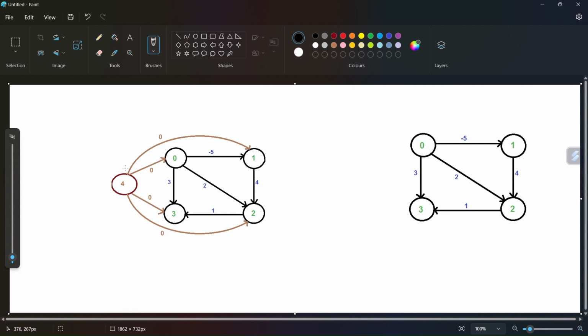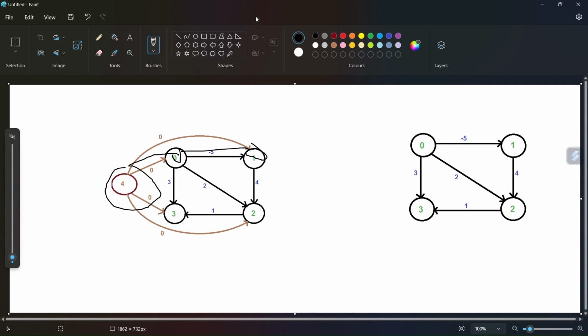Now, here we can see that from vertex 4, we can directly go to vertex 0 with 0 weight. But for vertex 1, it is -5. In a similar way, we will calculate potential values for all other vertices.